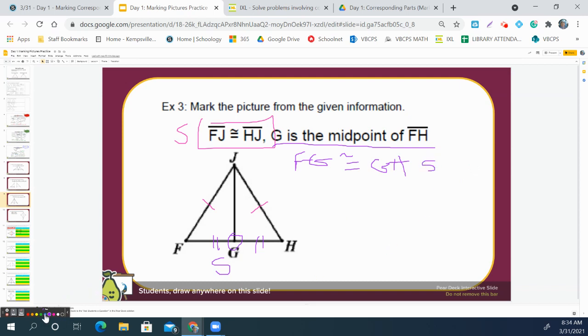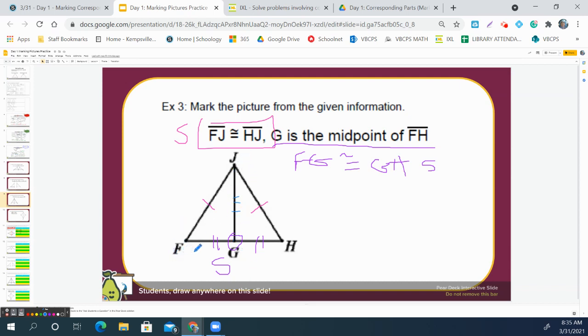What else can I mark? There's one more thing I can mark, because those 2 triangles, the F triangle and the H triangle, are adjacent. If they're adjacent, what's reflexive? JG and JG.